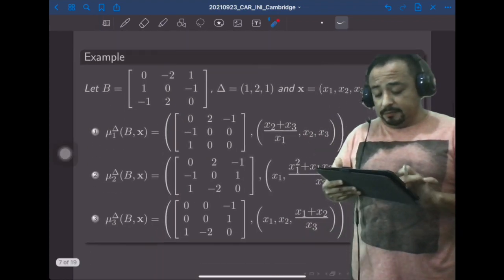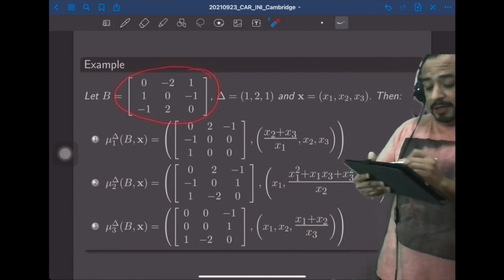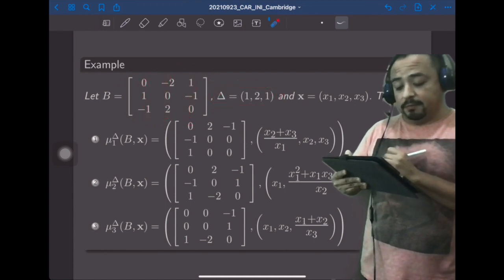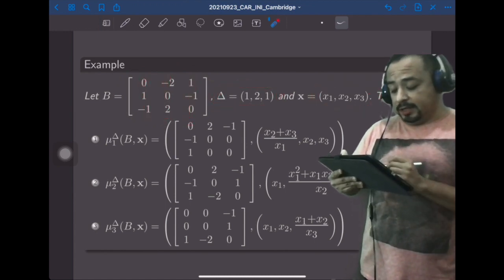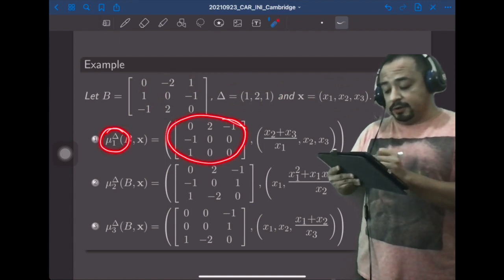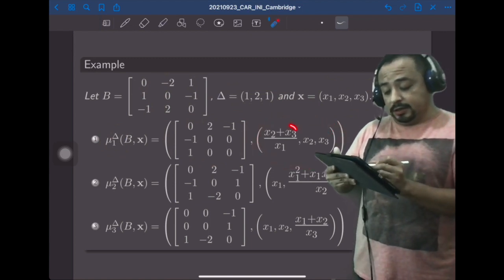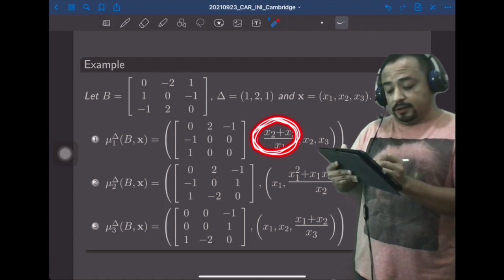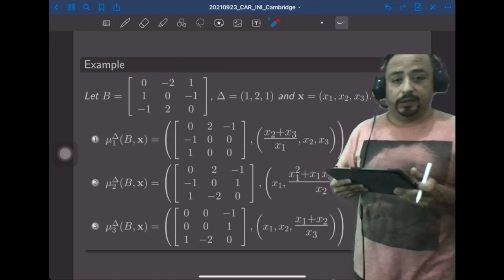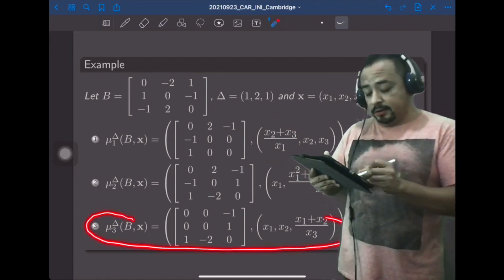So let me give you an example. Here I have this matrix. Here you can see 1, 2, 1 does the job, and my generalized cluster. And the first mutation, well, matrix mutation, you know how to do. And here somehow it turns out that this is just how it would look if we were in a usual cluster algebra for the third delta mutation as well.